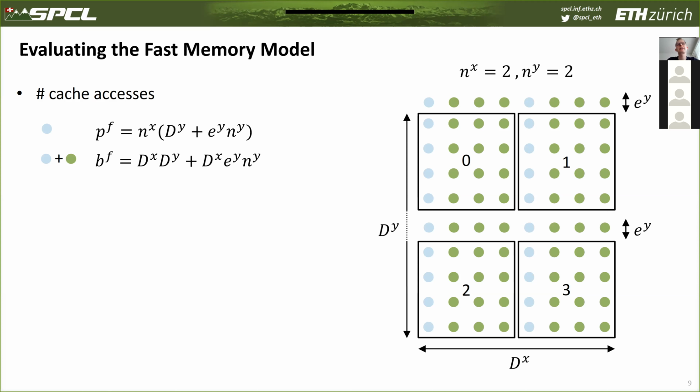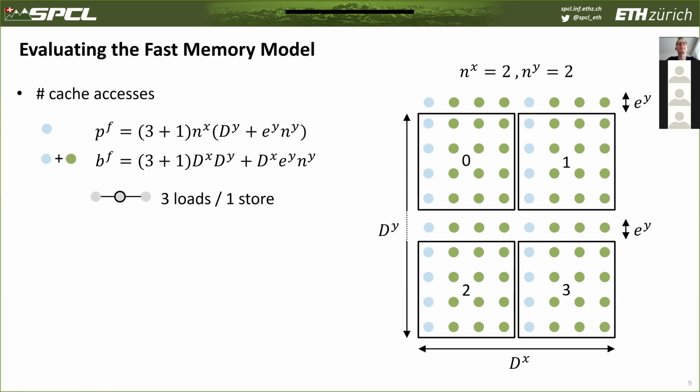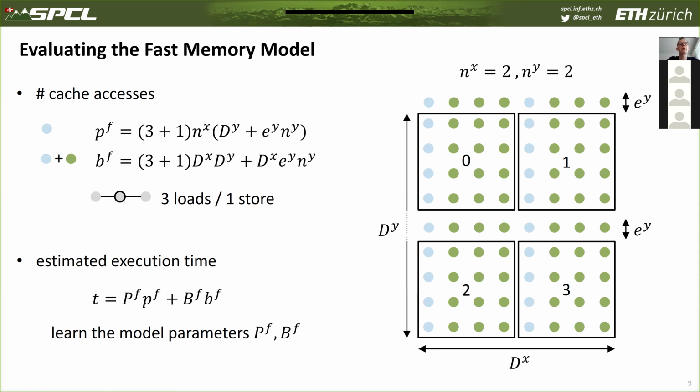So that slightly increases the complexity of our formula. And finally, if our stencil has, for example, 3 loads and 1 store, we need to multiply these points by the number of loads and stores to get the total number of cache accesses. Once we have these cache accesses, we can multiply them by the learned model parameters to get an execution time. So this is the idea of how we evaluate the fast memory model in the ILP.